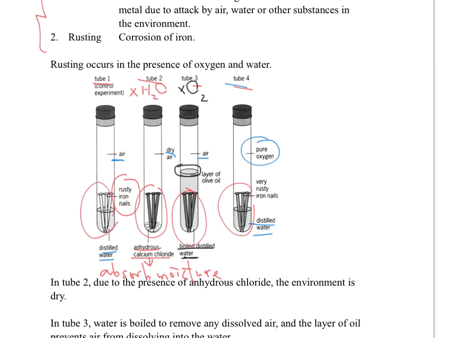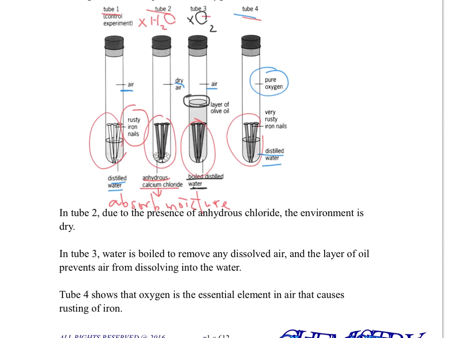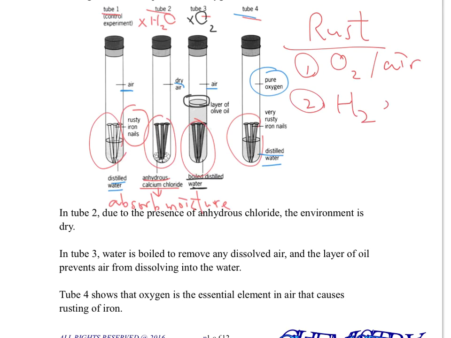So, what's the conclusion of this experiment? For the iron to rust, we should have, first, oxygen, or you may use the term air. The second factor we need to consider is water.